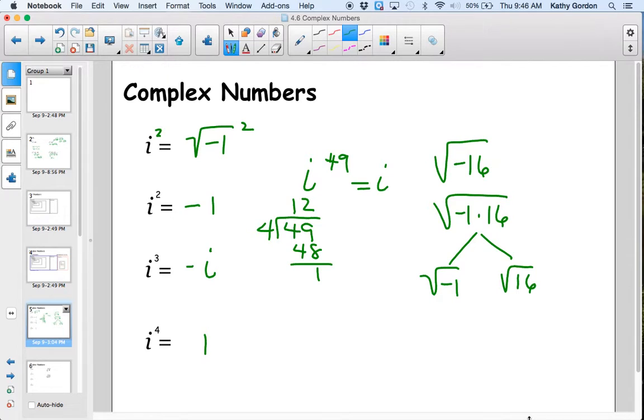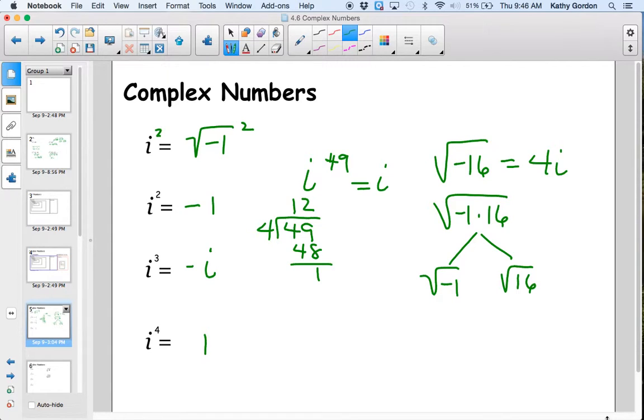So what's the square root of 16? 4. What's the square root of negative 1? i. So the square root of negative 16 becomes 4i. Remember that? Is that ringing some bells from Algebra 1? A little bit?